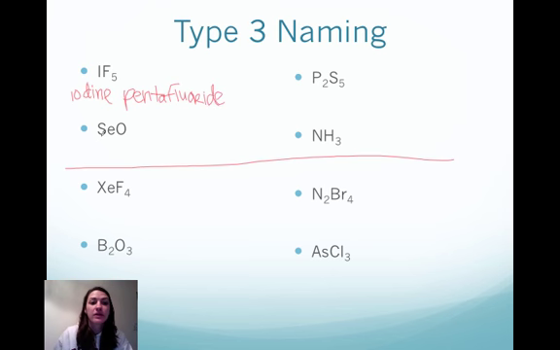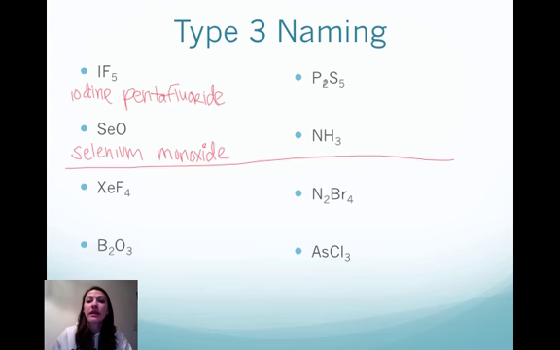This one, there's 1 selenium and there's 1 oxygen. So we are going to describe the oxygen with mono, but we're not going to describe the selenium with mono. So it would be selenium monoxide. It's not monoselenium monooxide, it's just selenium monoxide.